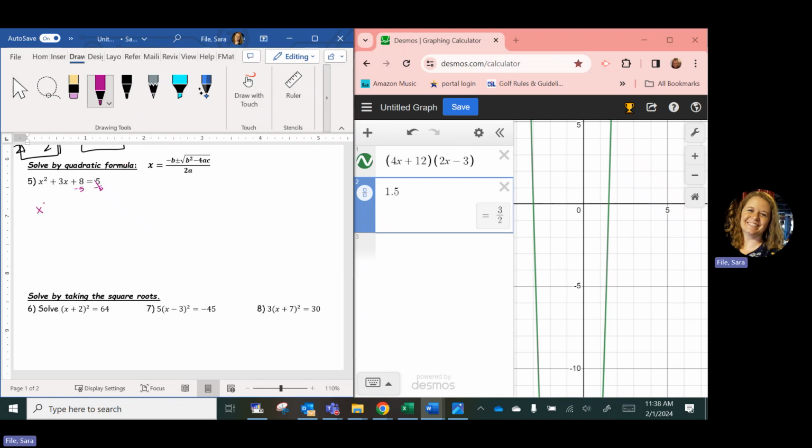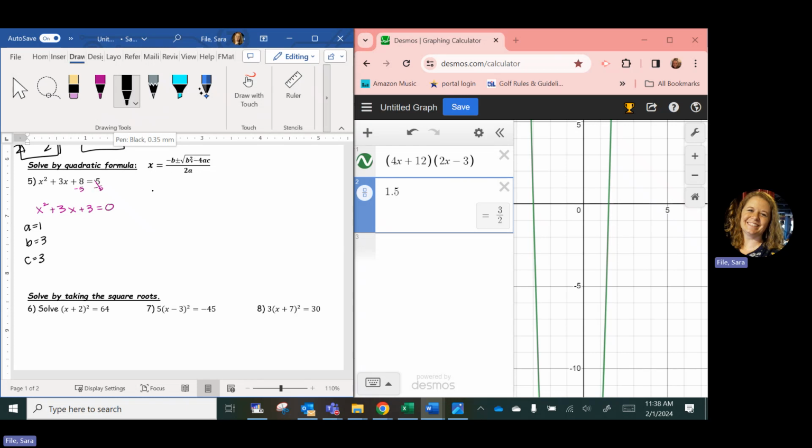So this is x squared plus 3x plus 3. So actually, my C is 3. So I've got A is the understood 1, B is this 3, and C is the constant, which is 3.